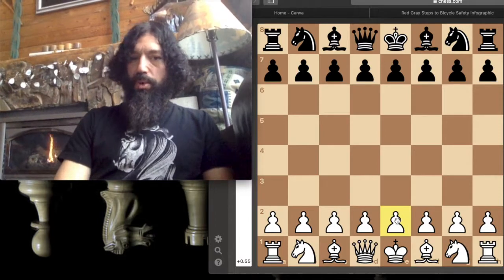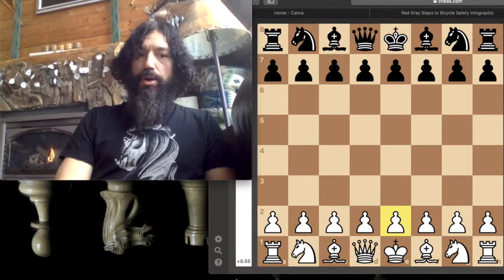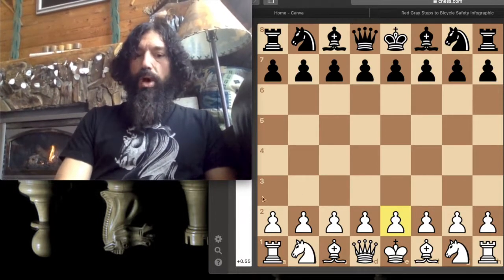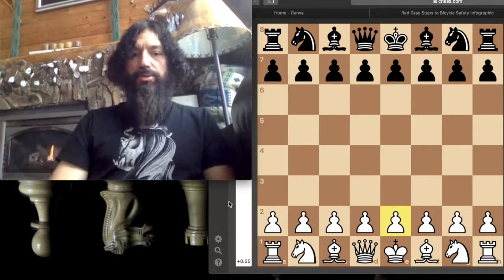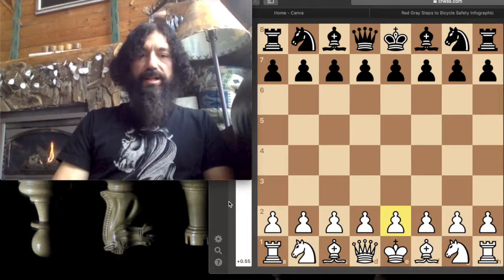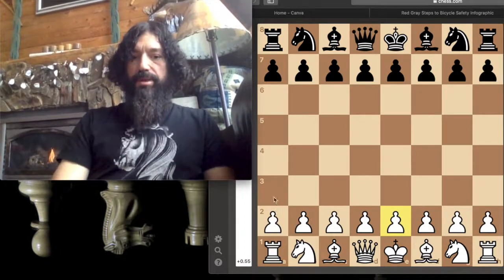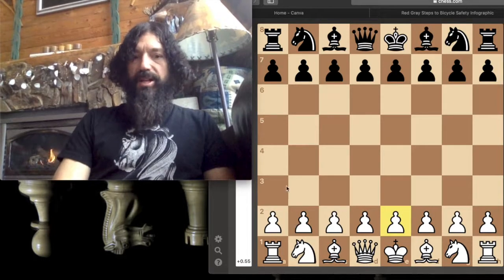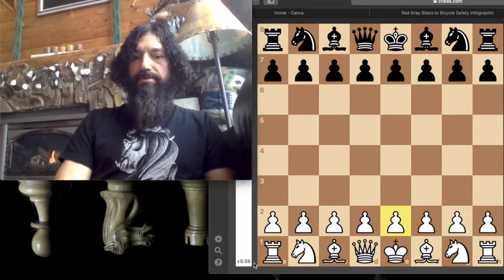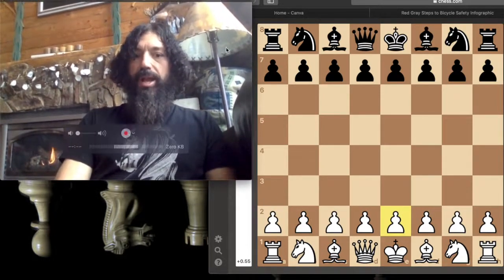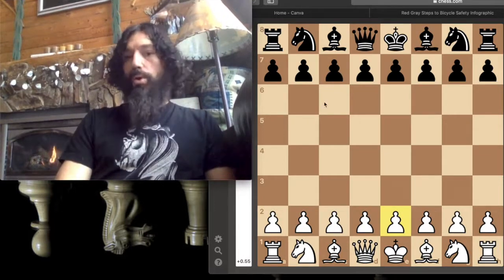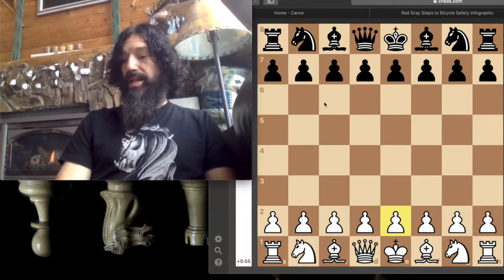Now also important as we talk about the coordinate system is that white is set up on the first and second rank. Now if you're just playing a casual game with another student that you're not going to record, it's not a big deal. But in general, if we're talking about the game, we need to have white set up on the first and second rank, and black is always set up on the 7th and 8th rank.